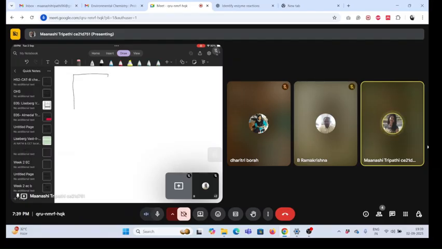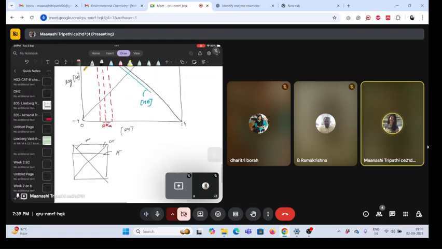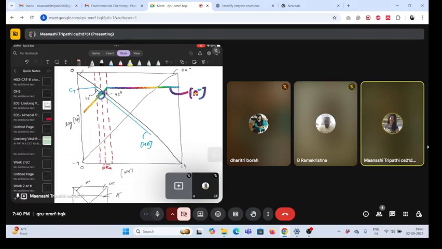Just a box. This will be H plus, this will be OH minus, and just one horizontal value of CT. H plus, OH minus, and this A negative. For weak monoprotic acid, we have seen this one.